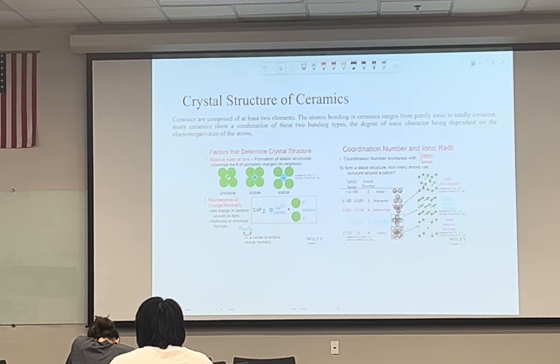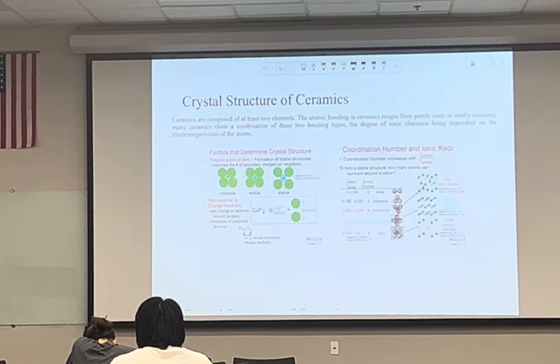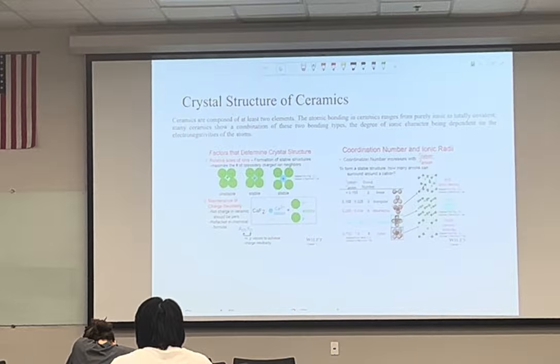That's the first factor. And in order to have a stable structure, they should be in direct contact, like touching. For example, in the first figure, it is unstable because the cation is not touching the anion.